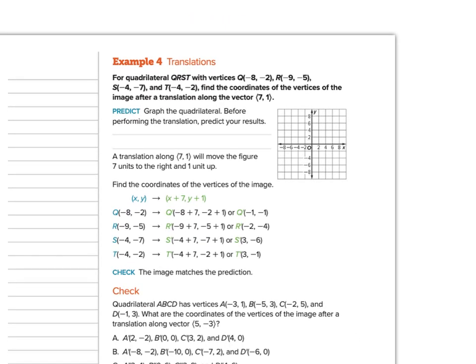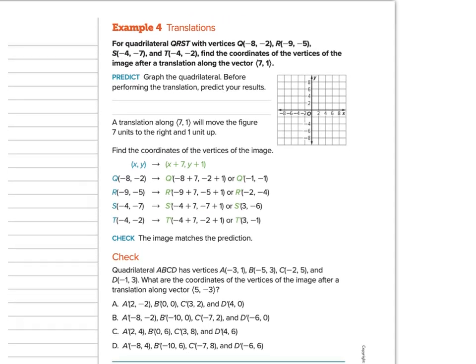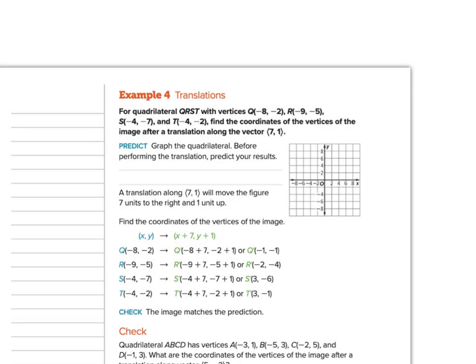Let's see here. So in these translations, making sure we didn't miss anything, we have a quadrilateral, and they've given us our 4 vertices, and we want to find the coordinates of the vertices of the image after the translation along this vector. So they're saying that for my x values, I'm going to add 7. For my y values, I'm going to add 1.